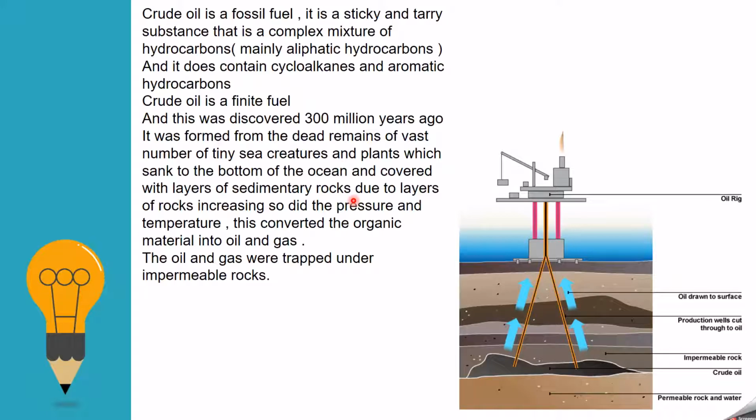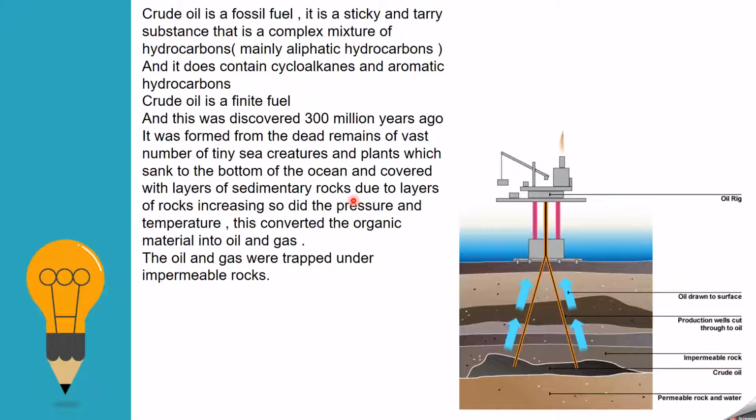Crude oil is a fossil fuel. It is a sticky and tarry substance that is a complex mixture of hydrocarbons, mainly aliphatic hydrocarbons, and it does contain cycloalkanes and aromatic hydrocarbons.